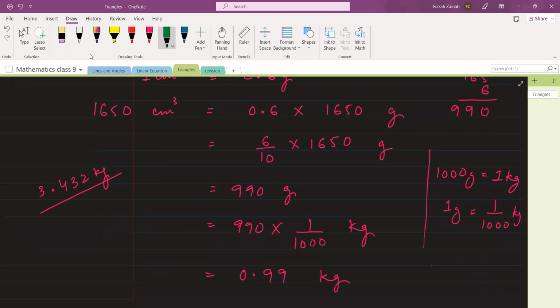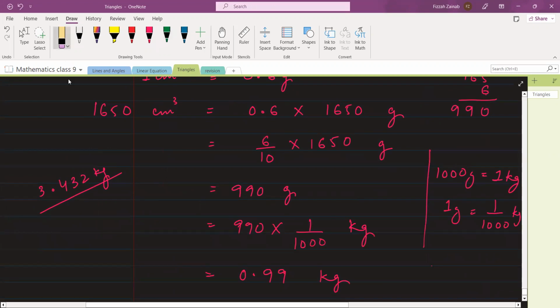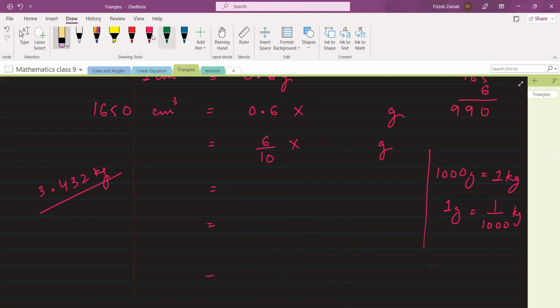That's it, right? The method will be the same. You just have to put it here. So you will get something else. Okay, so this now is 5720 grams.